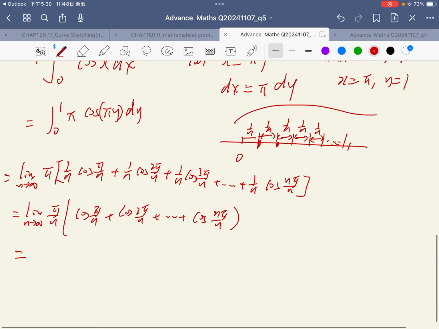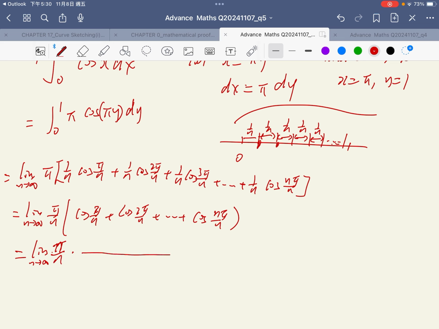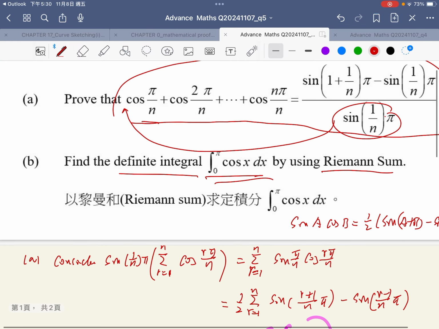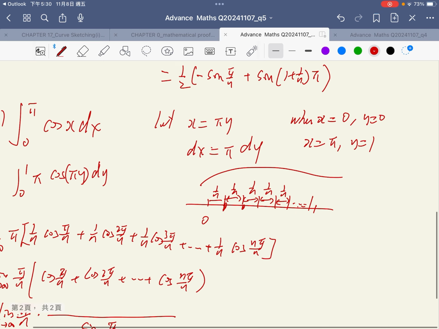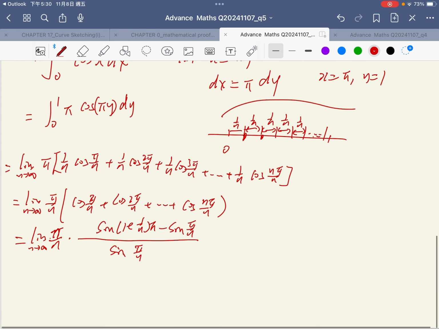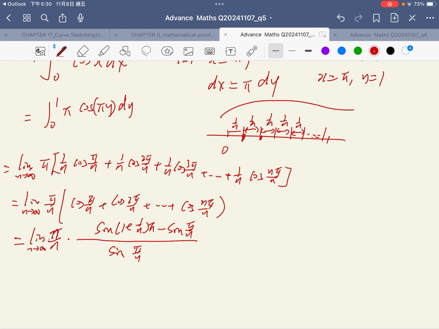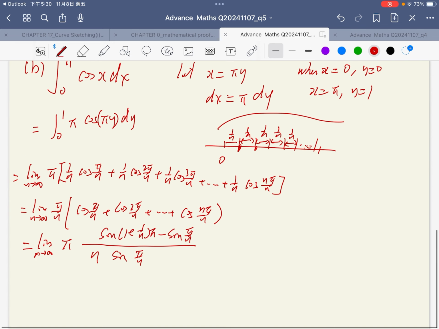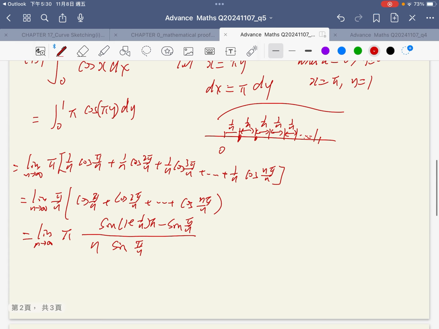By the formula in part A, this is sine of 1 plus 1 over n pi minus sine pi over n, over sine pi over n. Take the limit here. The pi actually here is a declaration only; only the value of n affects the limit.